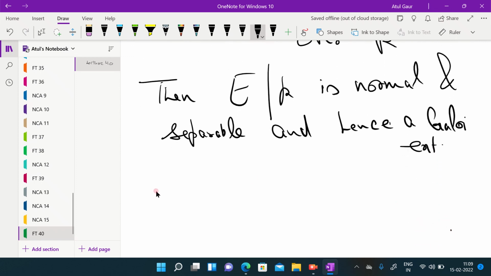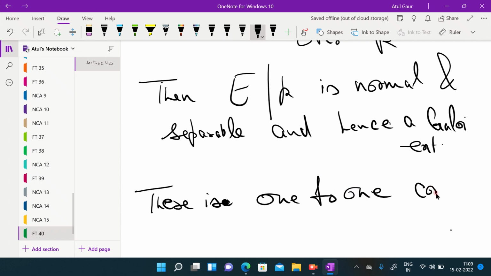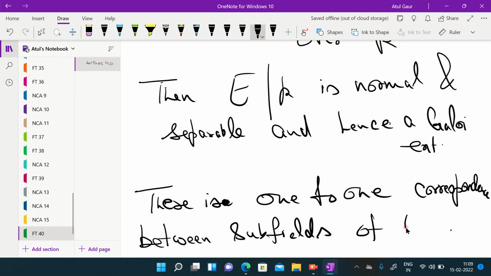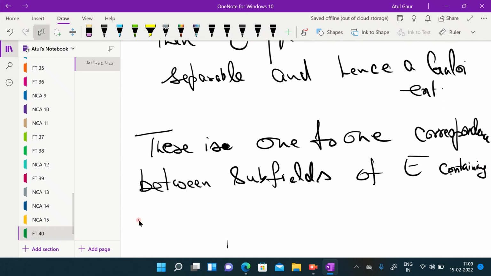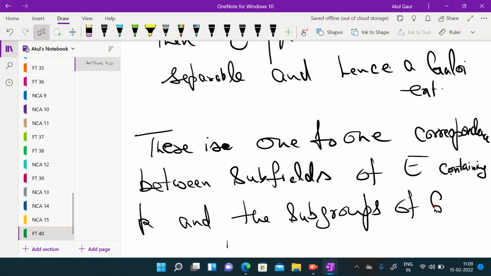Now since it is a Galois extension, there is a one-to-one correspondence between subfields of E containing K and the subgroups of the Galois group, right.